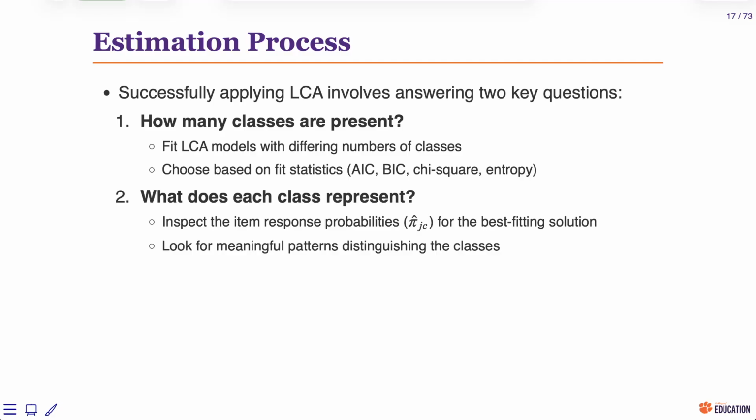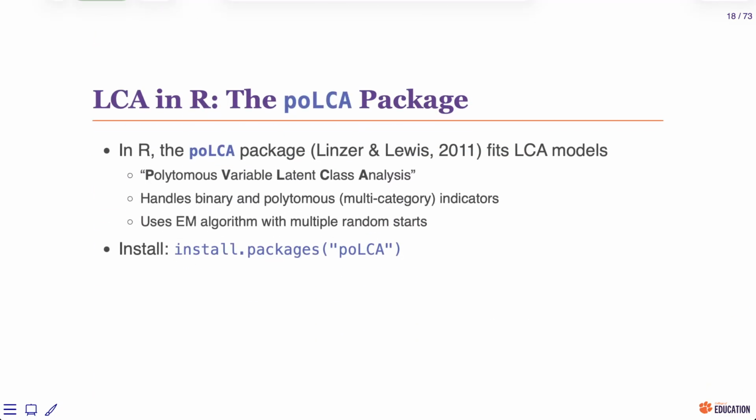Then what we will do is look at what each class tries to represent. So we'll go back and look at our estimated values for our item parameters, or our probabilities of a success for each of the observed variables. And we'll try to figure out meaningful patterns and distributions in the classes.